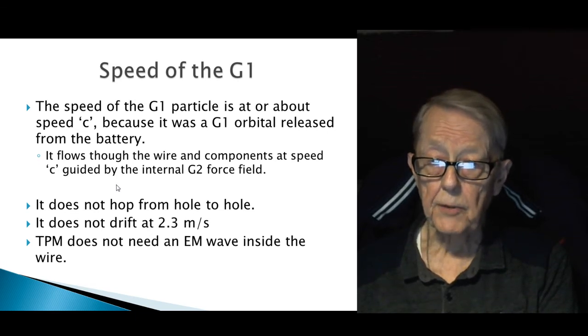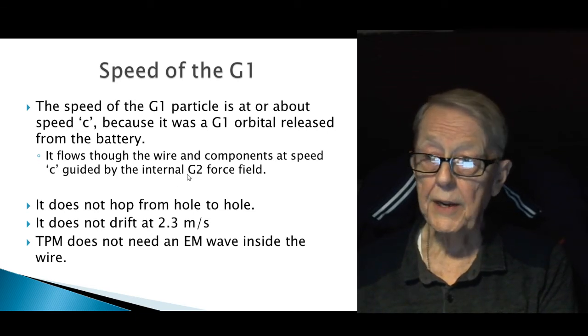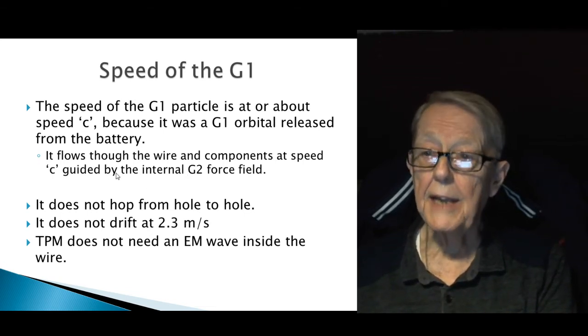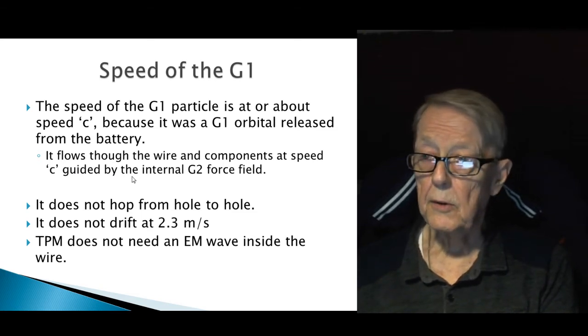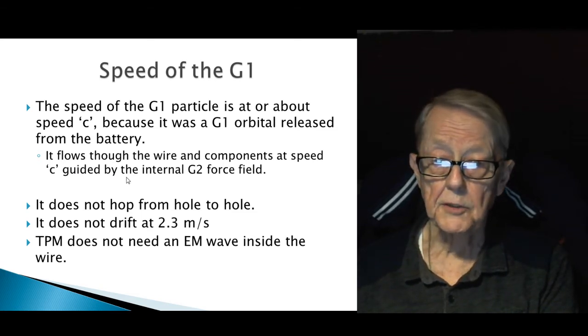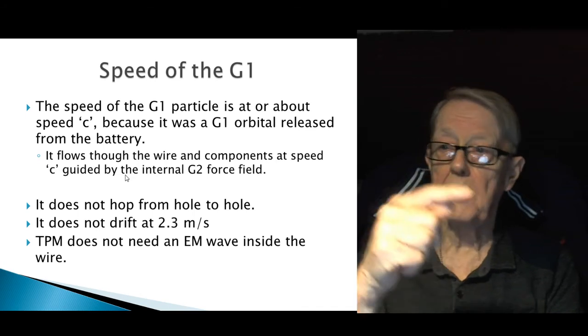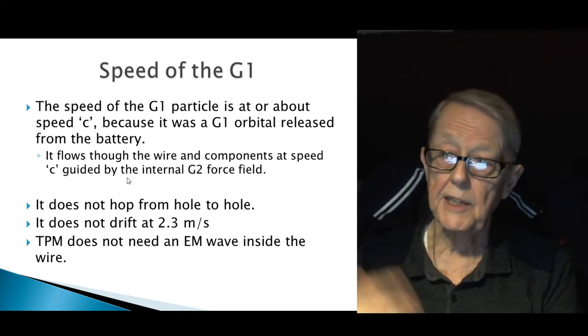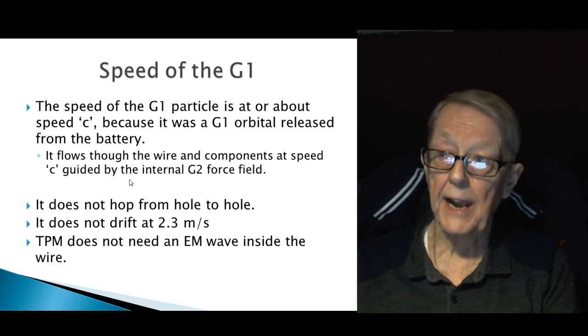And those force fields are holding the atoms and molecules together, and as a consequence, they guide the G1 particle through the conductor. It guides through it, and in fact, they can even take a right-hand turn and stay in a right-hand turn. You can see it inside the circuit, an actual layout.